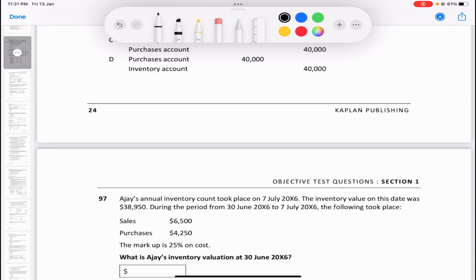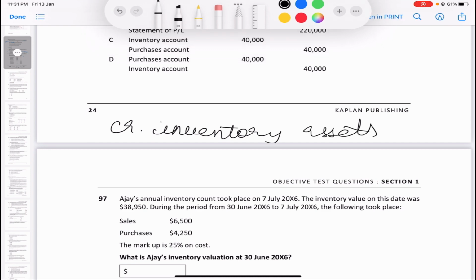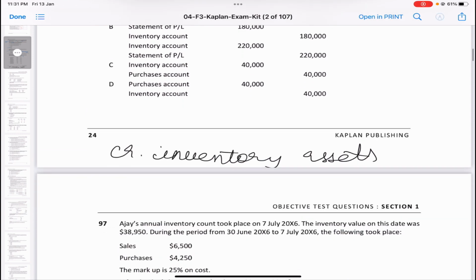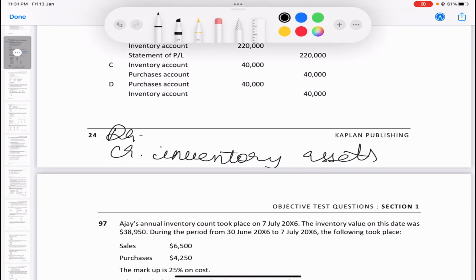So what was the journal entry for opening inventory? Opening inventory is something which has to be removed from the assets this year, right? So if I'm reducing the assets, I will credit it, and debit statement of P&L, which is opening inventory in cost of sales.